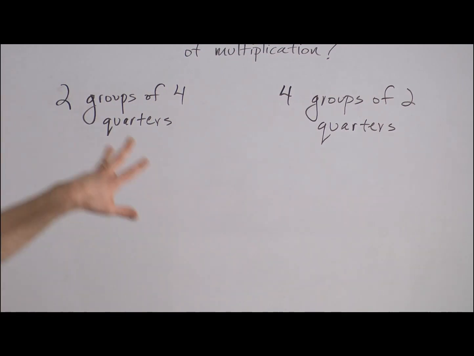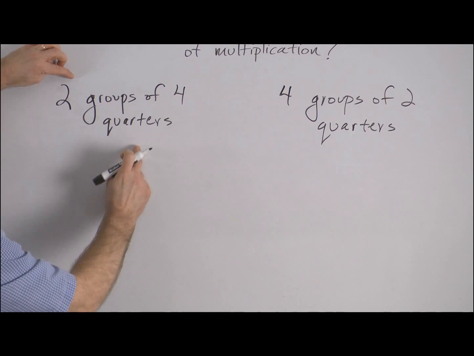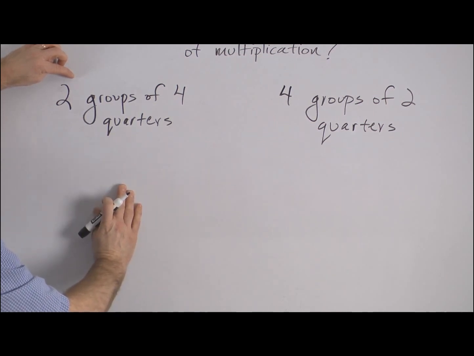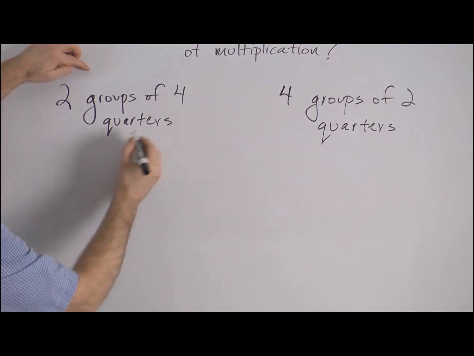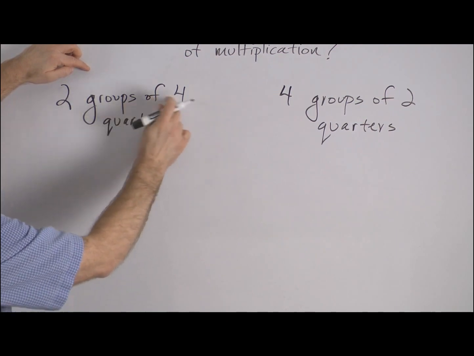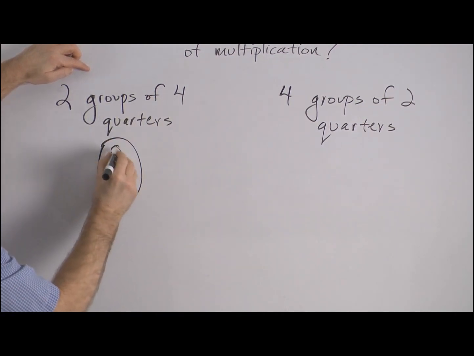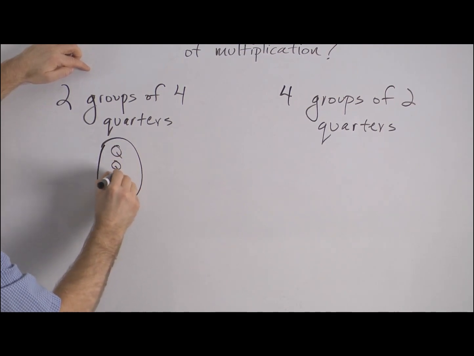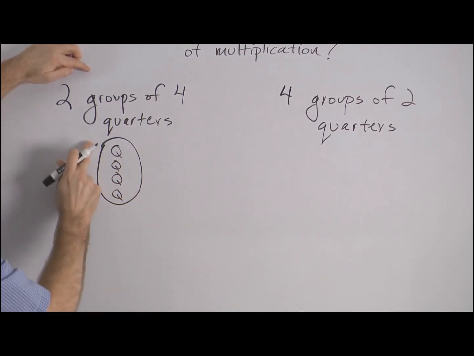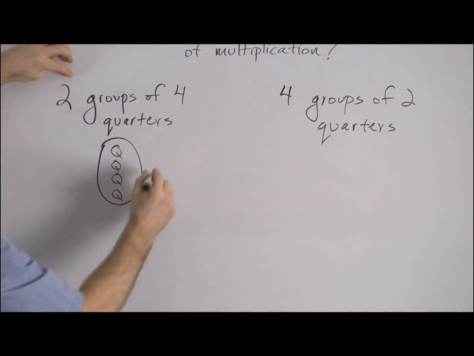Okay, let's go ahead and work through this together. Here we have 2 groups of 4 quarters. What does that look like? Well, we know that we have groups of 4. And for each quarter, I'm going to use the letter Q. One group of 4 quarters, but we need a second group of 4 quarters.